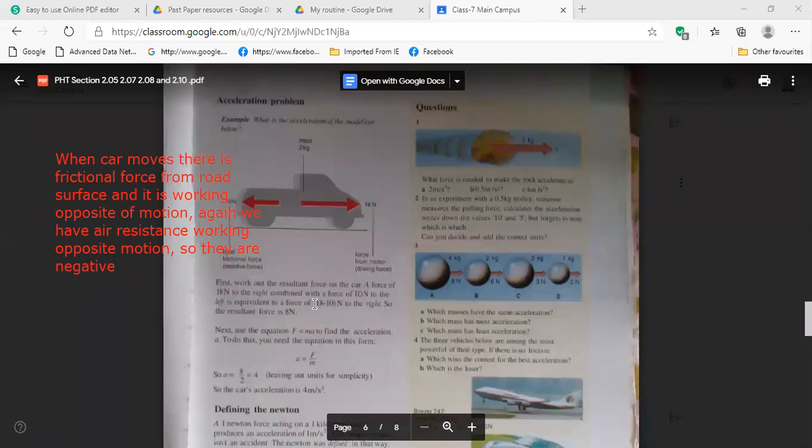And my question to you: if the resultant is right side, which will be the direction of acceleration, right side or left side? Right side. Excellent. So the direction of the resultant force is the direction of acceleration. Is it clear, everyone?